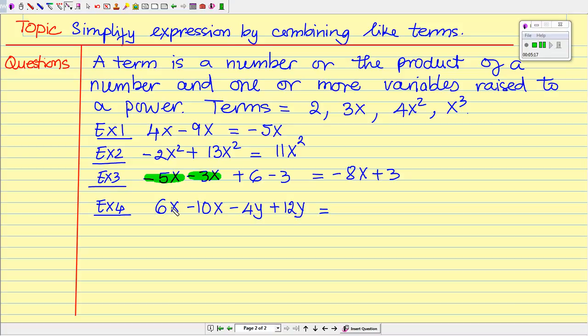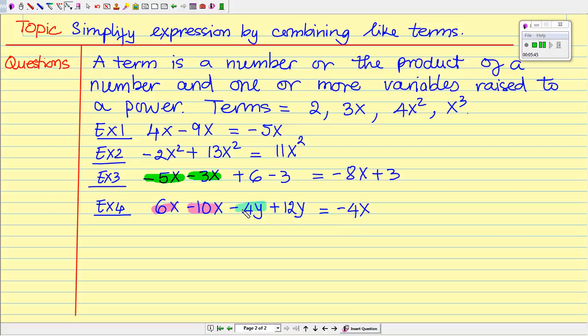Okay, so let's highlight the like terms. The first two terms are like terms because they have the same variable, which is x. If I combine these two like terms, I will have 6 minus 10, which is negative 4, and bring the variable along.